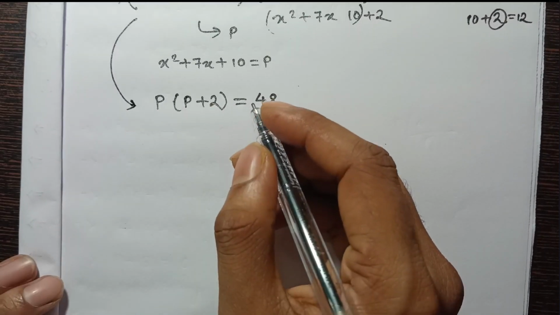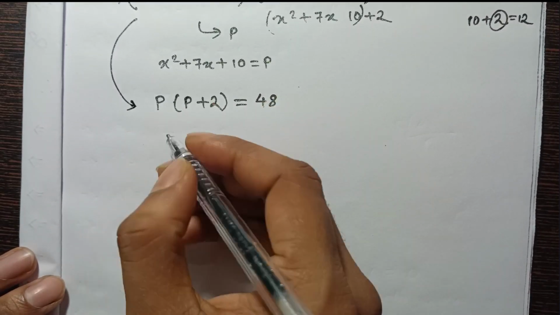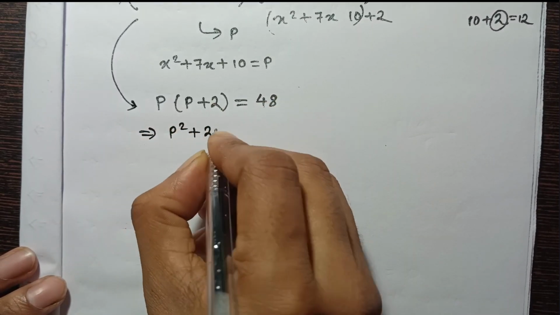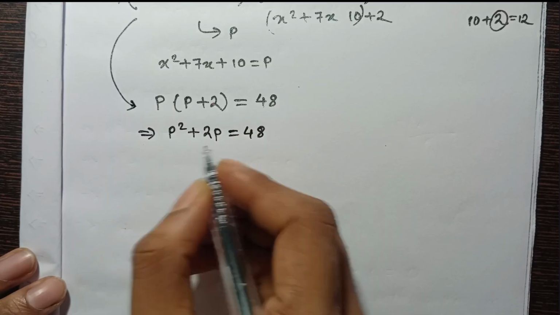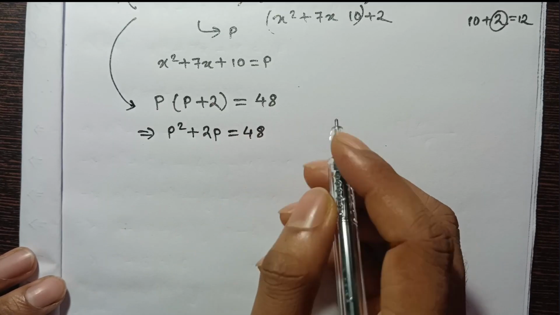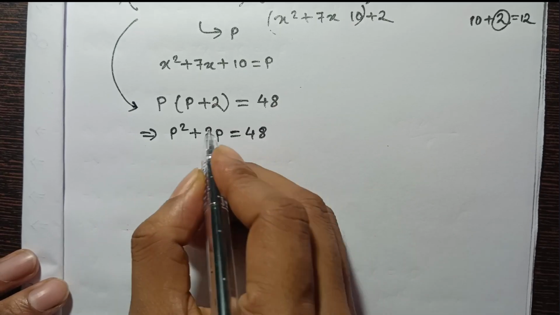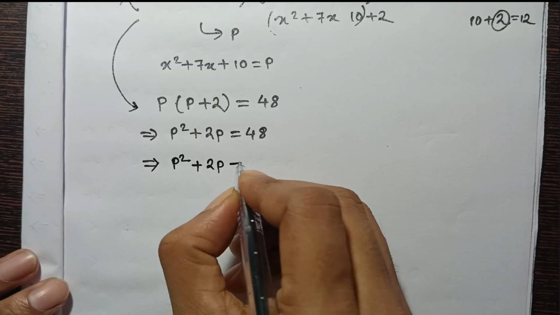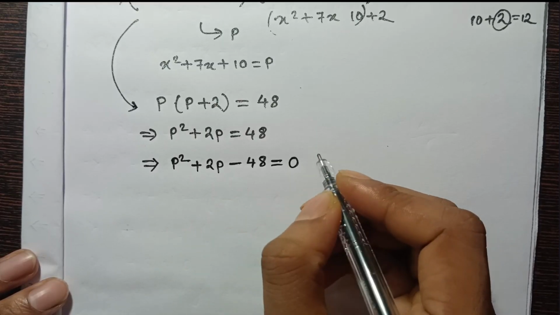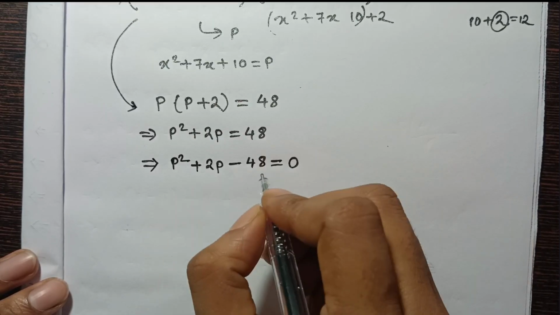Let's solve it. First, we expand the left side. P squared plus 2p equals 48. To solve a quadratic, we always want to set it equal to 0, so we subtract 48 from both sides. We get p squared plus 2p minus 48 equals 0. Now we factor this quadratic.